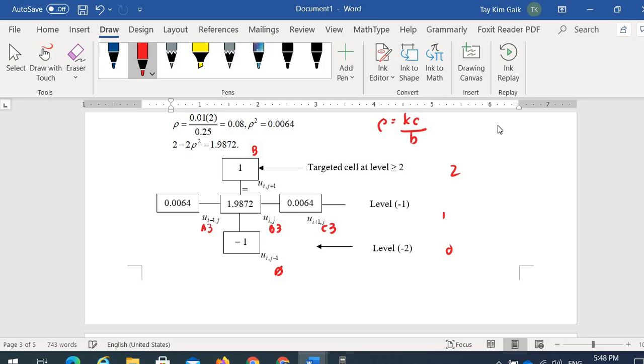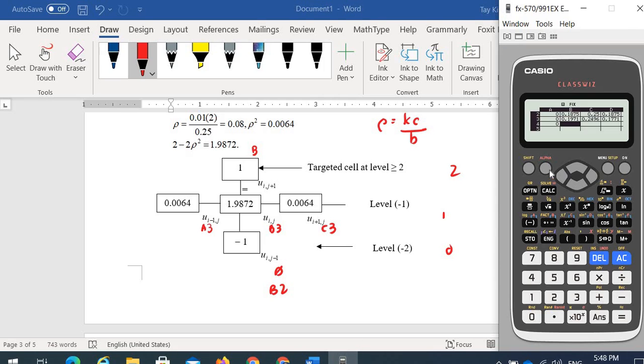Okay, this is immediately B2. We key in the formula: alpha equal 0.0064, because here it depends on A3.